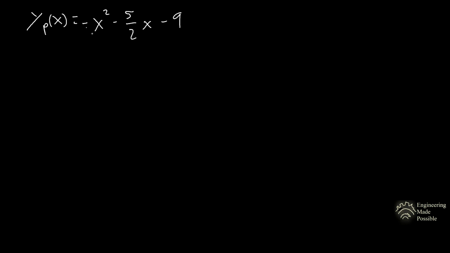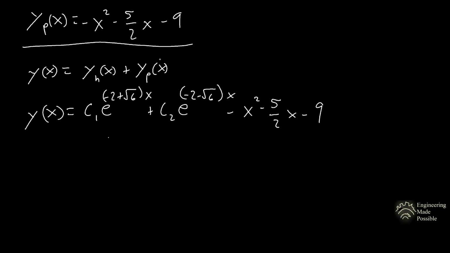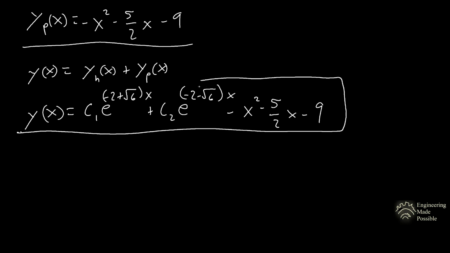Remember, this was a, this was b, and this was c, which we solved for. Now, since we already have the homogeneous and the particular solution, the general solution would be just a linear combination of the two. So just adding them up gives you the general solution. Once you plug it in and add them together, this is your general solution to the non-homogeneous differential equation.